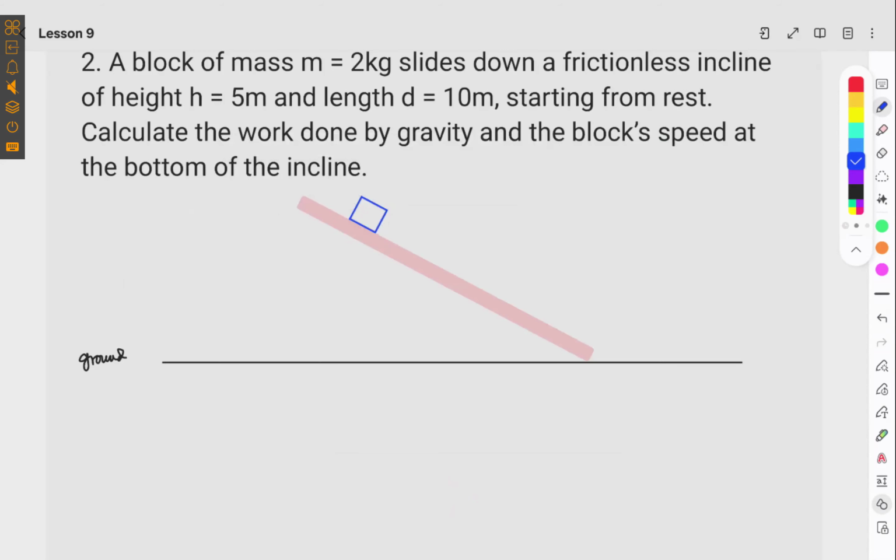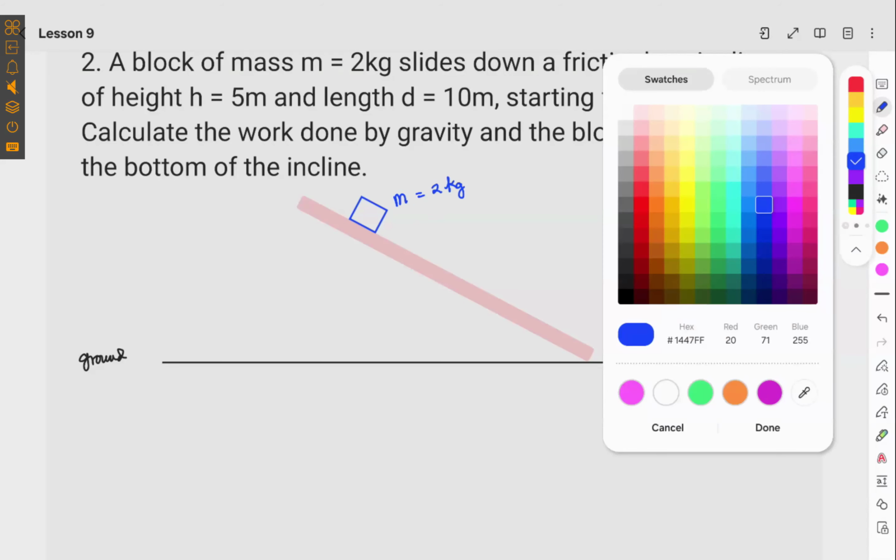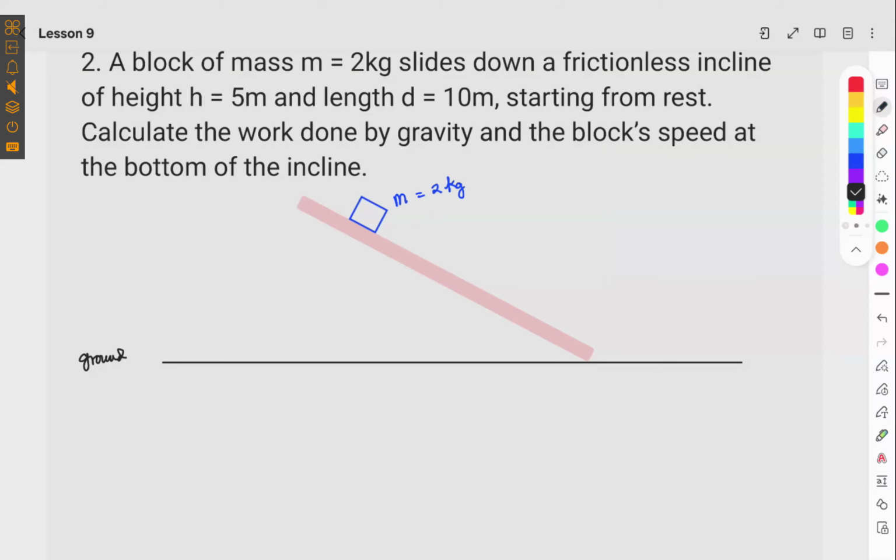This block has a mass of 2 kilograms. It slides down, and the height of this is 5 meters, and the distance over here is 10 meters.